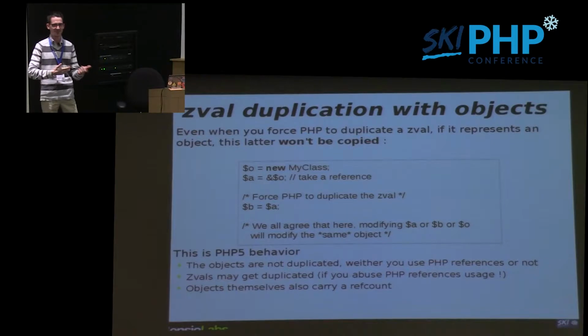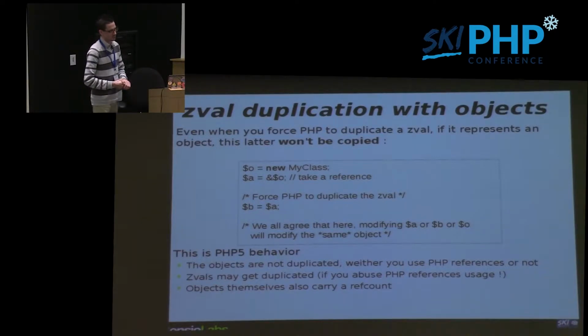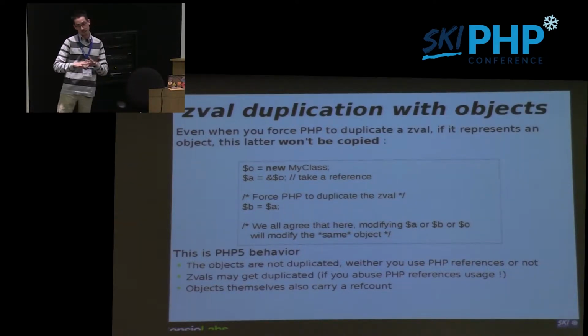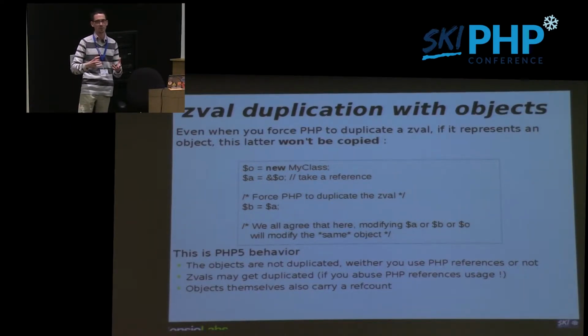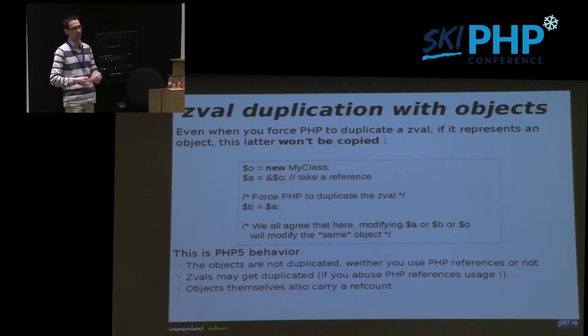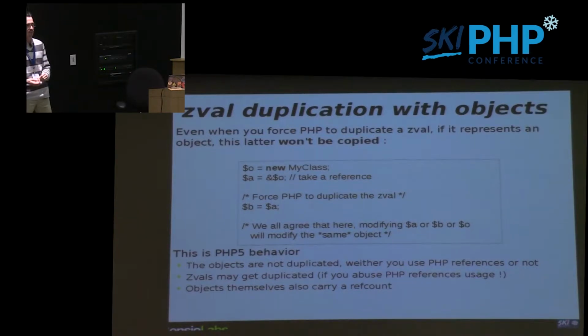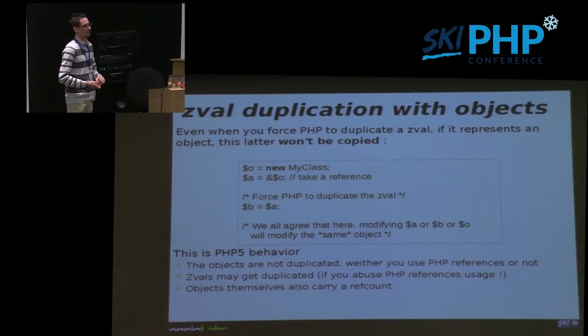This is another talk I usually give, because when you use references, you change the copy-on-write behavior of the engine, and mainly you force PHP to duplicate the zval in memory, and you were thinking about the opposite, saving memory. So do not use references. If you don't really need references, do not use them.